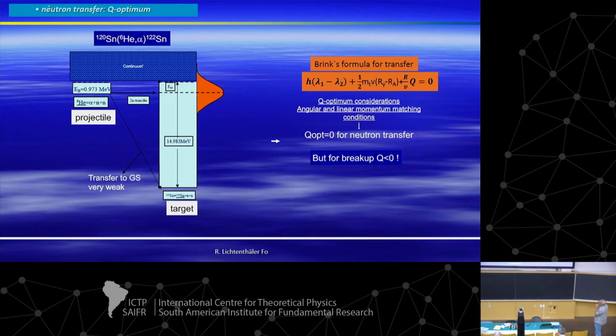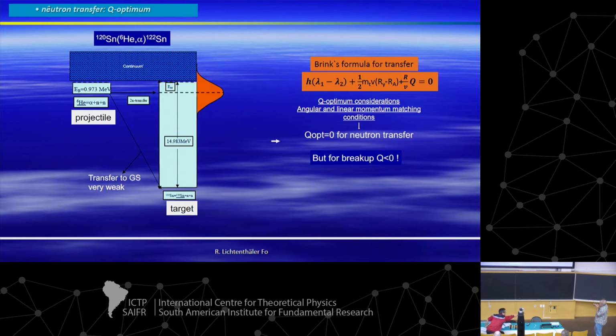There is a formula which was developed by Brink, which describes these matching conditions which maximize the transfer processes. This simple formula here. And for neutron transfer, in general, the optimum Q value, optimum meaning maximum transfer probability, occurs for Q value around 0. However, for a breakup, the Q value is negative.